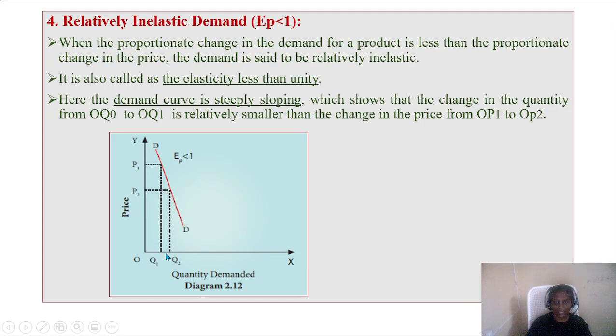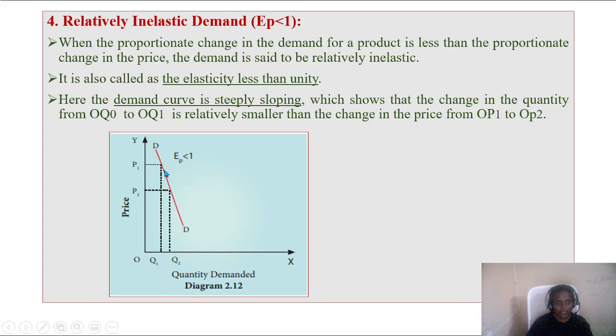The proportionate change will not happen in price and demand. So we call it relatively inelastic demand: a larger decrease in the price level leads to a smaller increase in the quantity demanded. If the price decreases from 10 rupees to 5 rupees, the quantity demanded will increase from 5 to 6 units. Only 1 unit increases in the demand for the commodity.